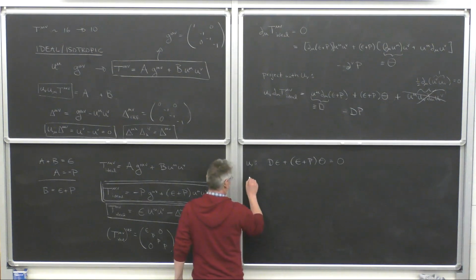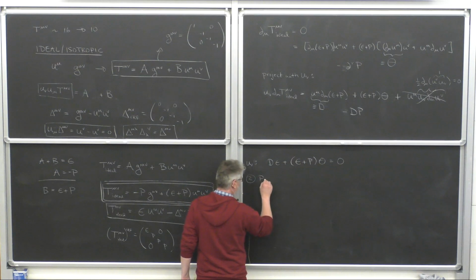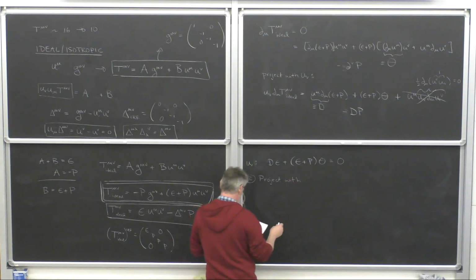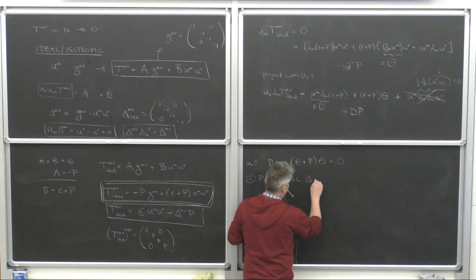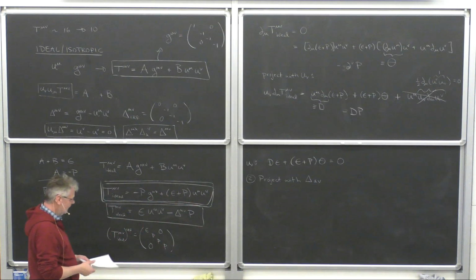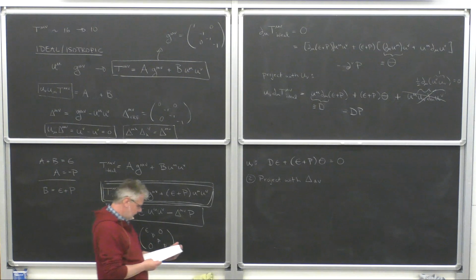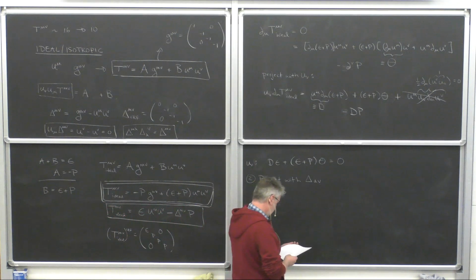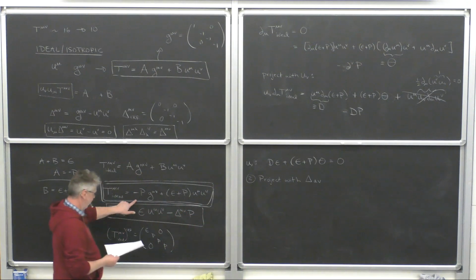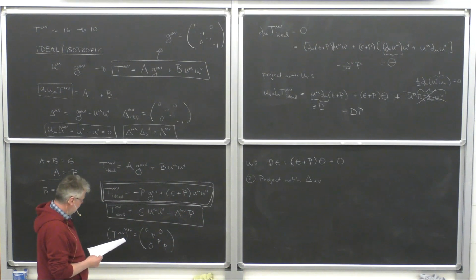Now there's 3 more equations hiding. And to get them, I'm going to project with delta alpha nu, so the transverse projector instead of u. So which form did I use? Looks like I used this one again. Did I?